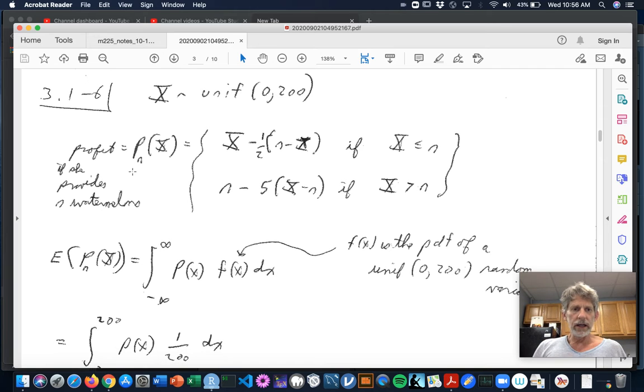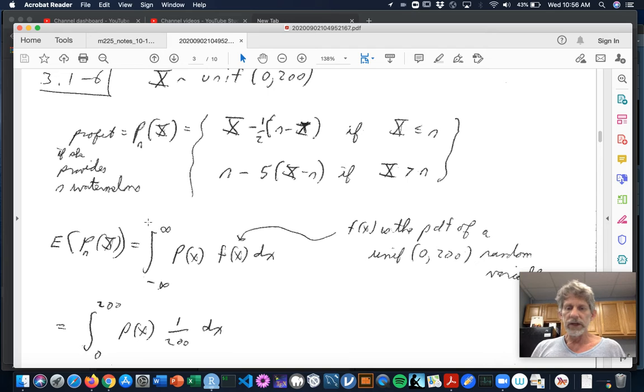Okay, and I'm calling this profit function P sub n because it depends on how many watermelons she decides to provide that day. That's a choice she gets to make. She doesn't get to determine the capital X. And we needed to find the expected value of P sub n of X, and then after that, figure out what value n would maybe maximize the expected value.